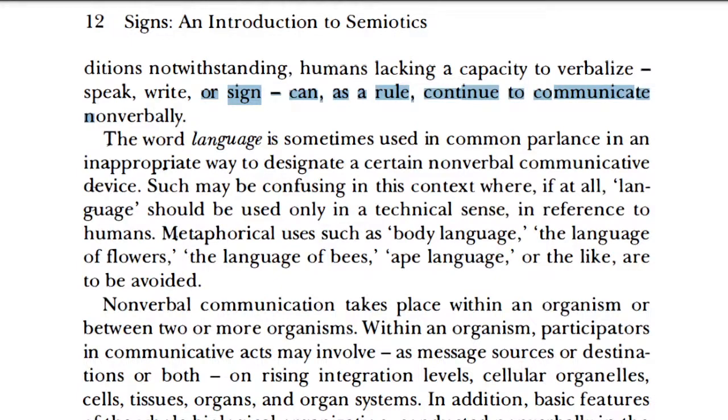The word language is sometimes used in common parlance in an inappropriate way to designate a certain nonverbal communicative device. Such use may be confusing in the context where, if at all, language should be used only in a technical sense, in reference to humans.